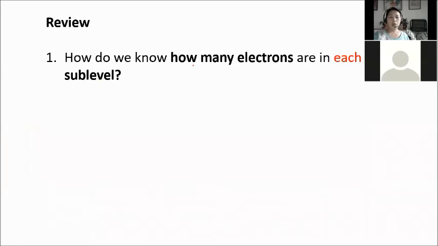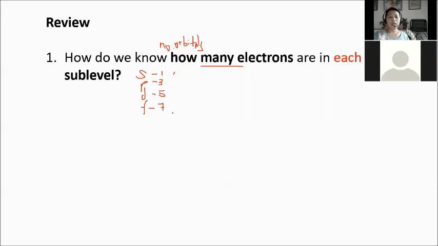Now, how do we know how many electrons are in each sublevel? Sa s, p, d, and f, may dalawang number of orbitals tayo ha. Number of orbitals. How many orbitals ang nasa s? Isa lang yan, 1. Ang sa p, there are 3. Ang sa d, there are 5. And ang f, there are 7.